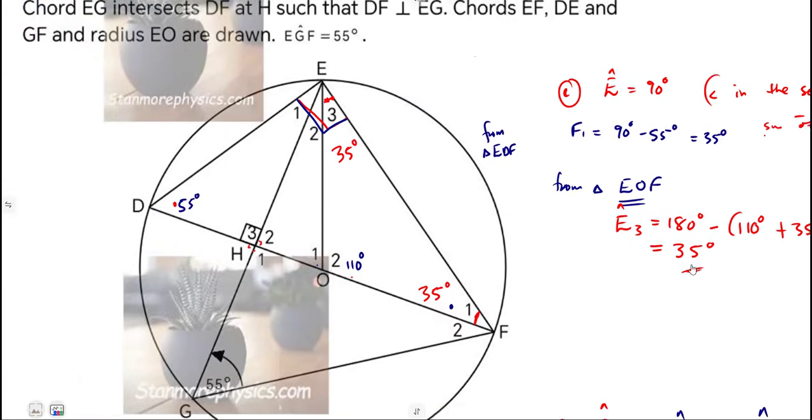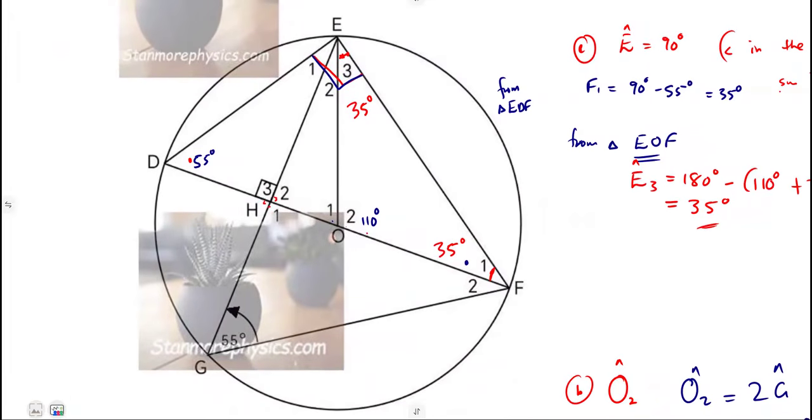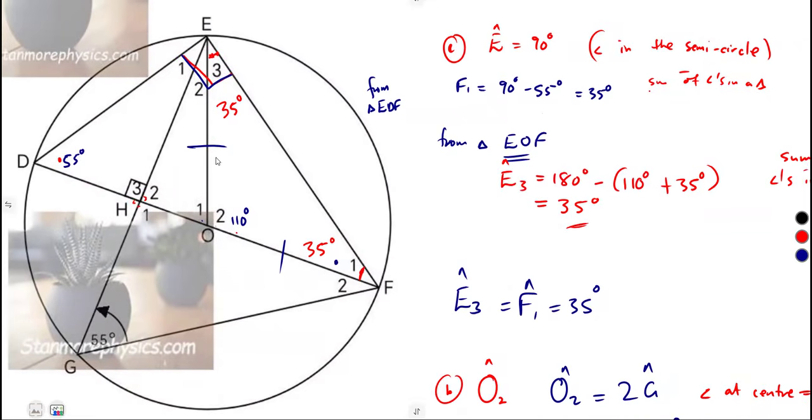Or another way that we could have just used here is that if this angle is 35 degrees, remember from O to F, it is the same as from O to E. So therefore, angle E3 is equal to angle F1, which is 35 degrees. The reason that you're going to use is that these angles are opposite what?